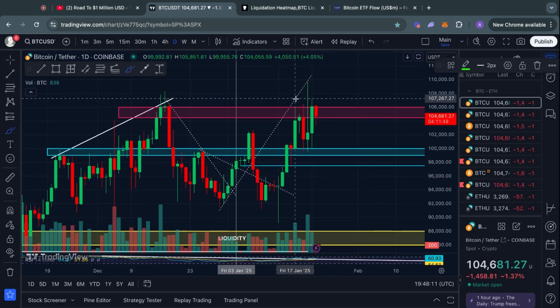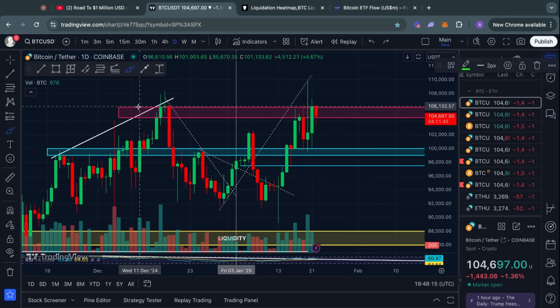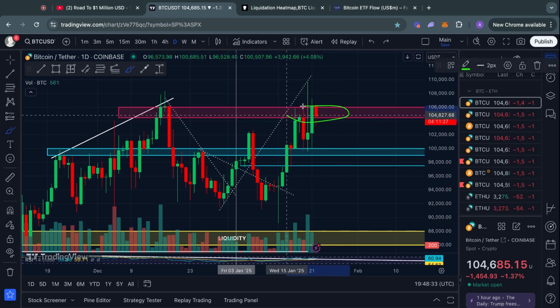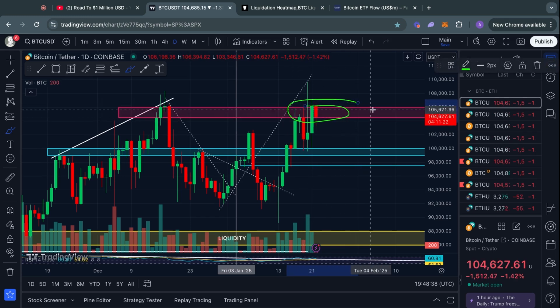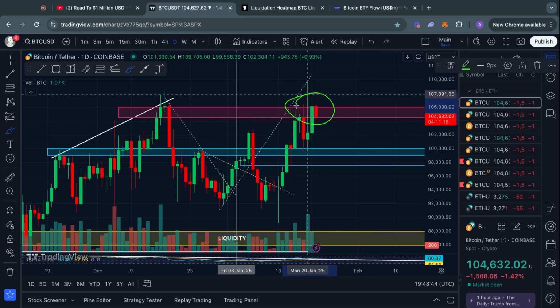Besides that, on this 1-day time frame, Bitcoin is actually still below this previous high, sitting at about 106,000 in the Bitcoin price. So for now, this area here between 104.5 and 106,000 is acting as a short-term area of resistance on that daily time frame.